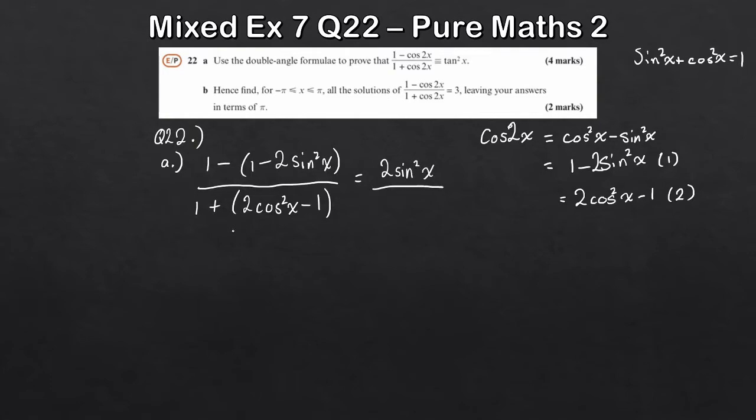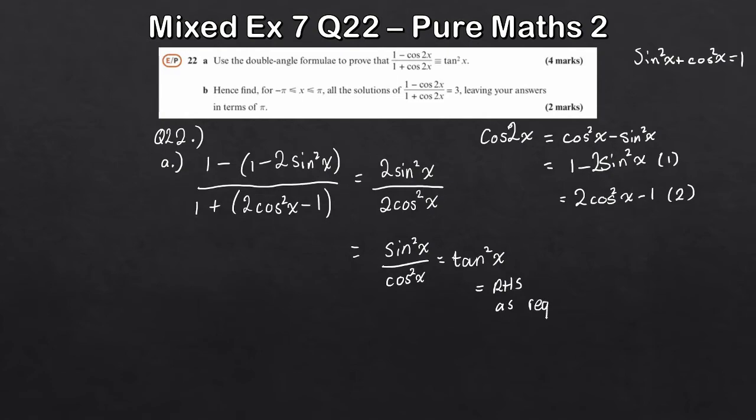My denominator is 1 plus 2 cos squared x minus the 1. So 1 minus 1 will just be 0, so we just get left with 2 cos squared x. And then, nicely, this simplifies down to just sine squared x over cos squared x, which we know is just tan squared x, which is equal to the right hand side as required.